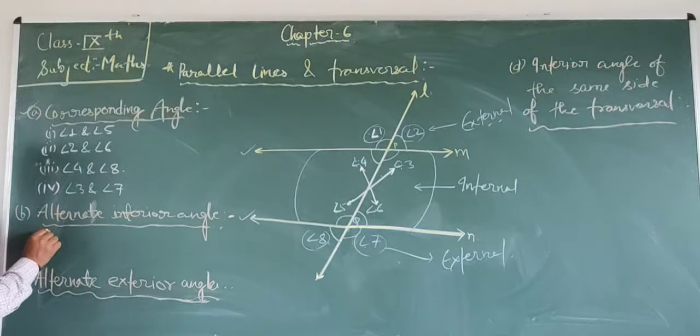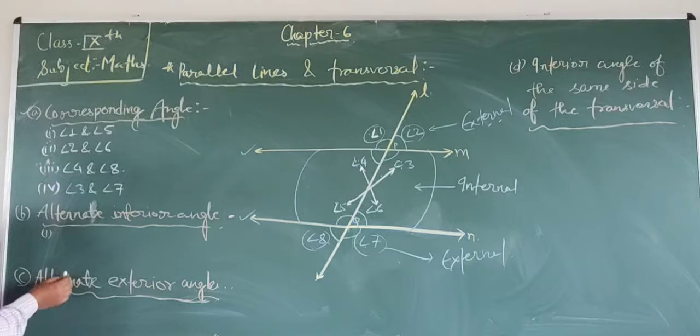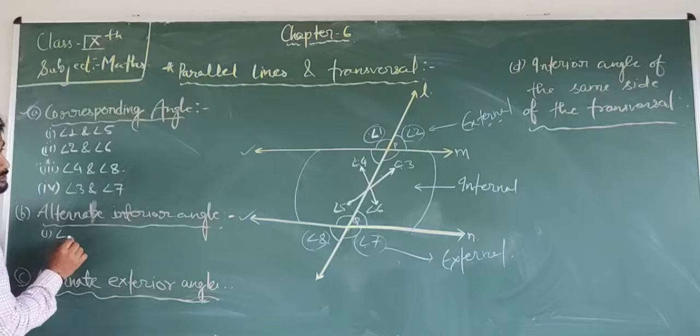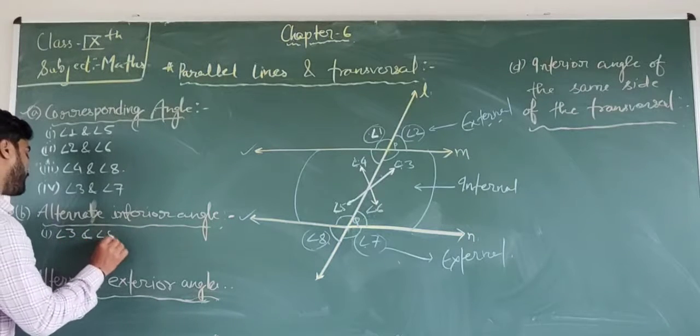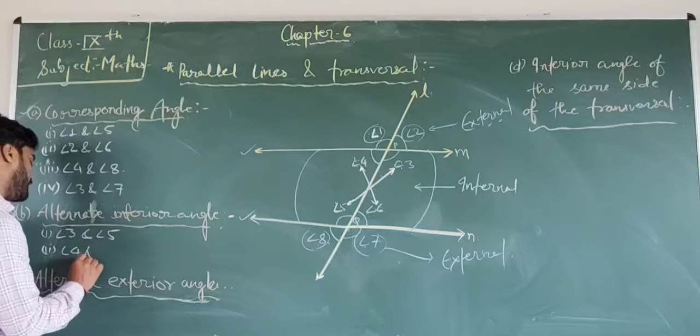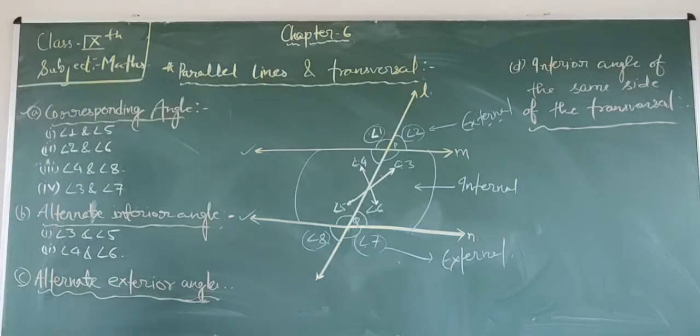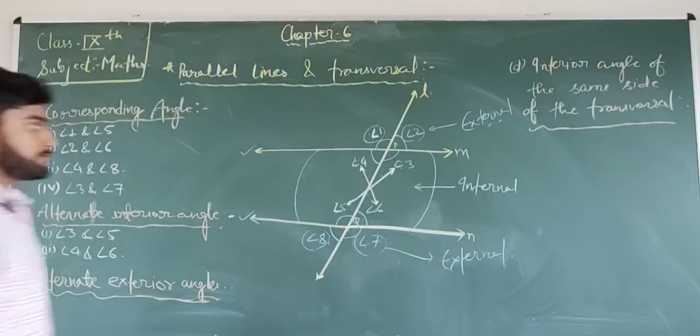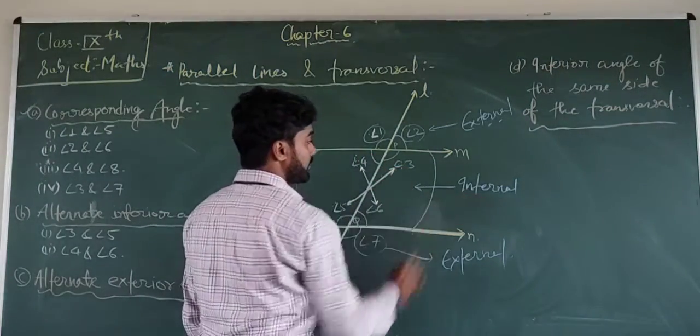So the pairs of alternate interior angles are angle 3 and angle 5, and angle 4 and angle 6, for the internal part.